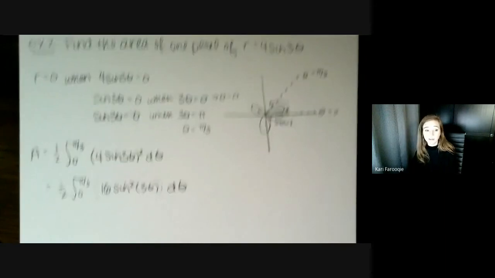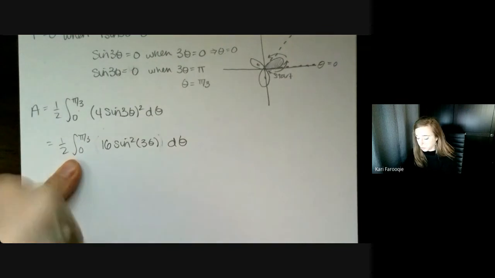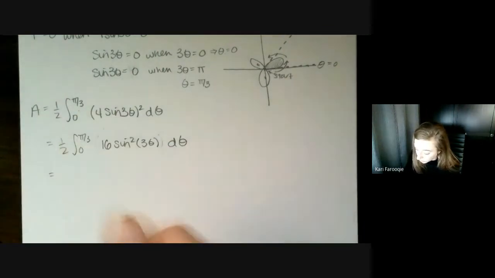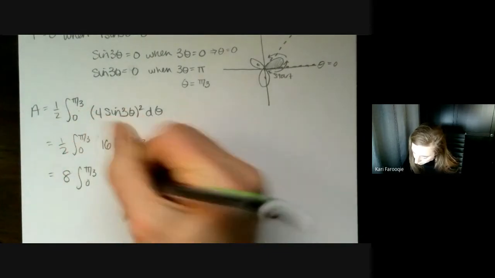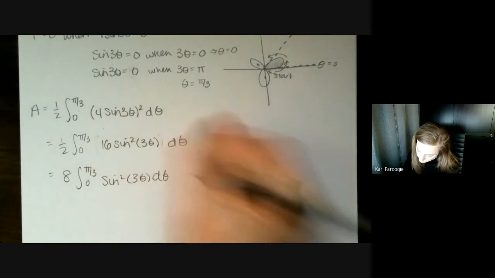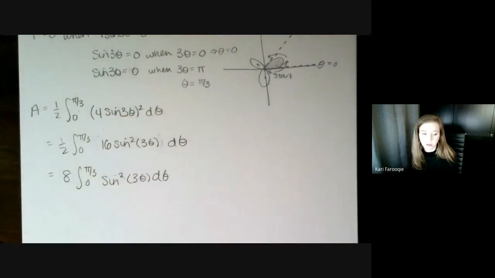Okay, my guess is you're going to want to simplify this by bringing that 16 out of the integral so you can focus on your integrand by itself. So that's what I'm going to do. 16 divided by 2 is 8. And then we're going to use a power reducing formula to simplify this down so that we can integrate it. I'm going to remind you of the formula.